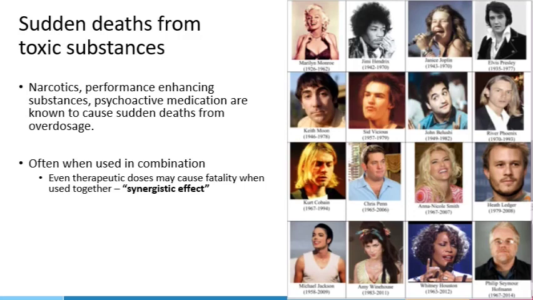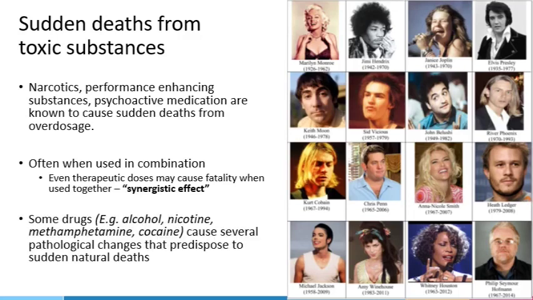And in most of these deaths, when the postmortem toxicological analysis came back, they found that individually the drugs were within normal ranges or within non-fatal ranges, but the death was purely because of a combination of different types of drugs. So it's very important to understand this principle when investigating these deaths, because just by looking at the actual quantitative values, we may assume that the drugs were not the cause of the death.